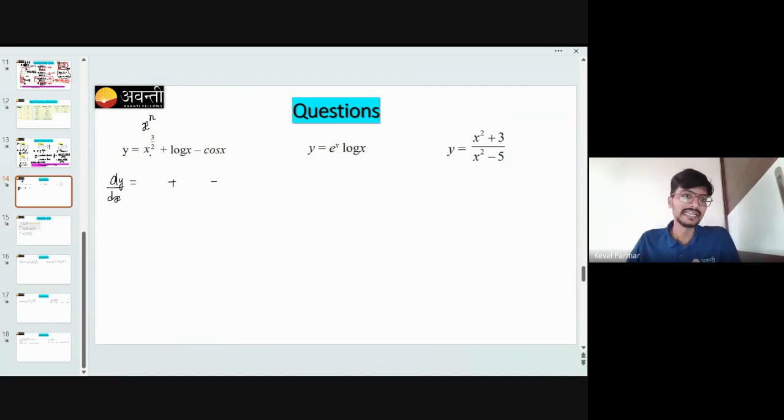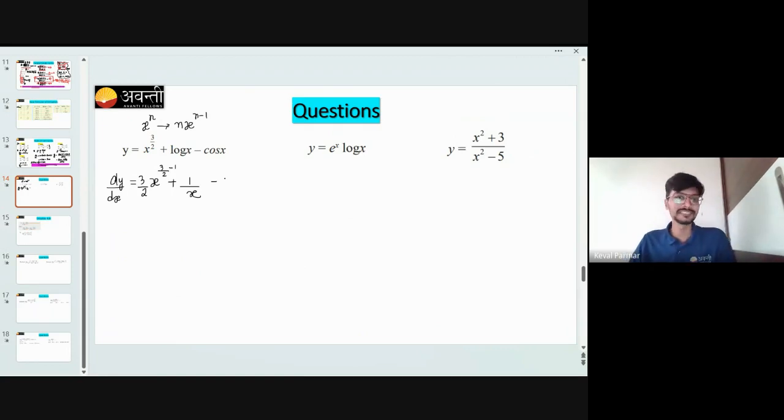So let's see, x raised to n. What is the derivative of x raised to n? It is n x raised to n minus 1. In place of n, we have 3 by 2. So I will write 3 by 2 x raised to 3 by 2 minus 1, plus. What is the derivative of log x? It is very simple. It is 1 upon x. And last, what is the derivative of cos x? Please note, don't make a mistake here for the sign.